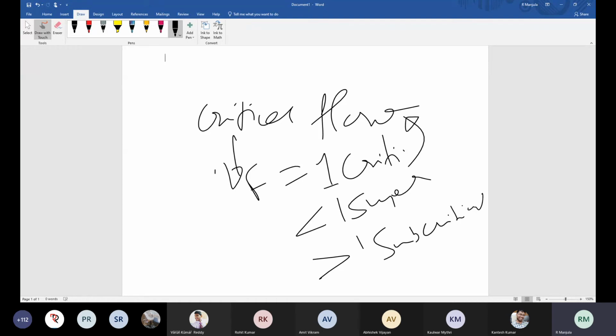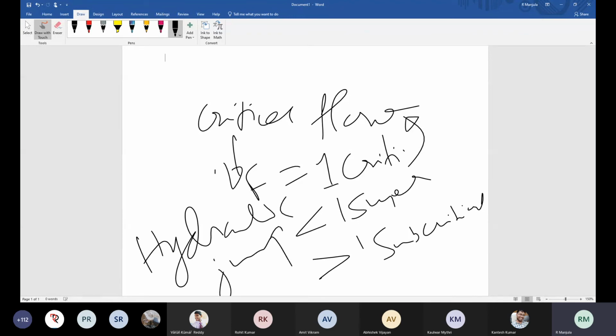In the first class, I was telling something about hydraulic jump, isn't it? I was talking about how the hydraulic jump is formed. So when the subcritical flow is converted into supercritical flow, you get a hydraulic jump. There are 2 flows: before the jump and after the jump.